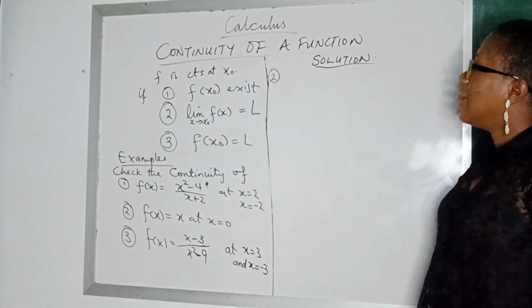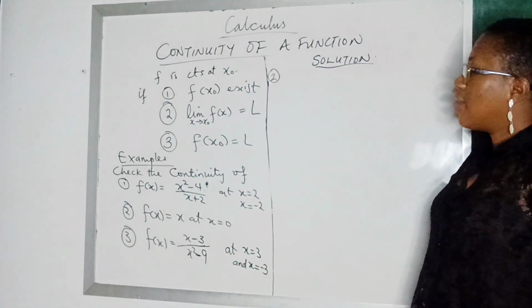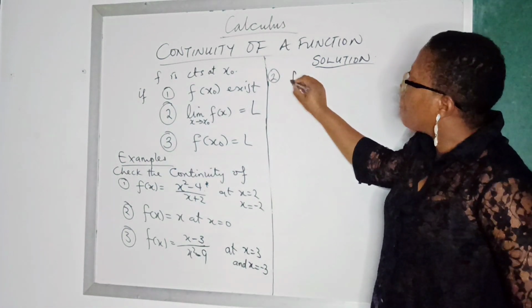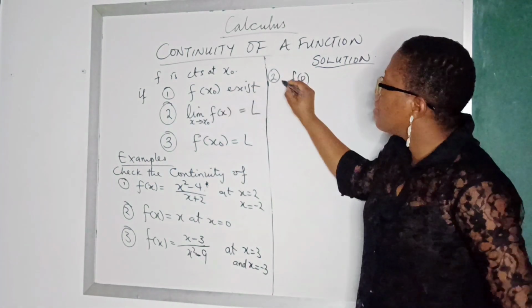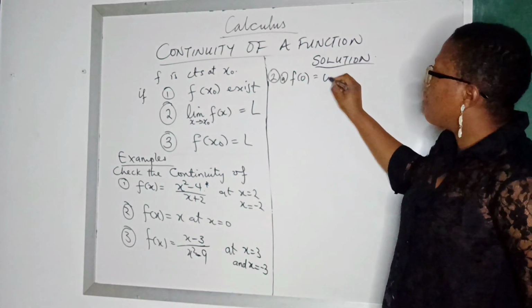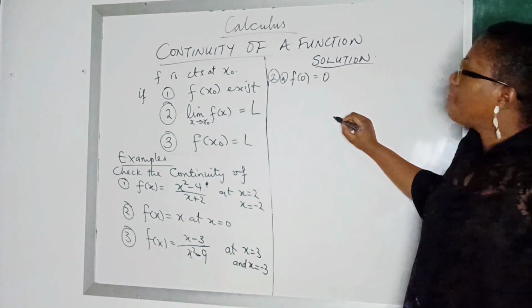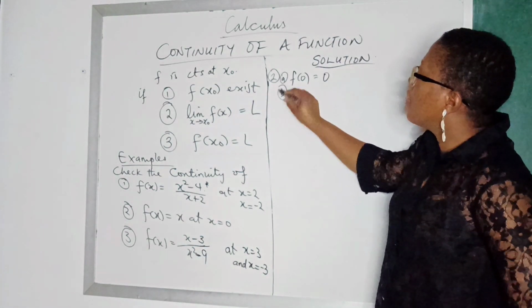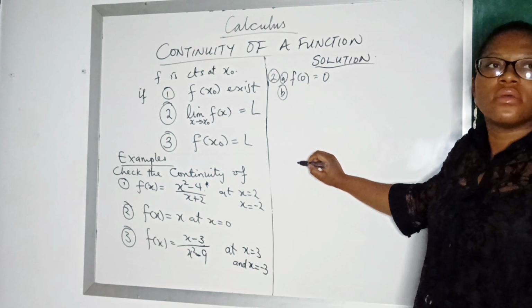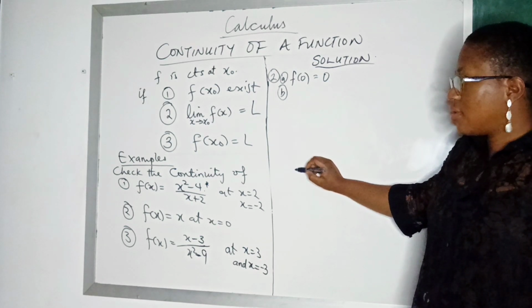Number 2, f of x is equal to x at x equals 0. So let's check the continuity at x equals 0. What does it mean? You have f of 0 for the first part, A. f of 0 is equal to 0, so it exists. Then the next one. I have a question. Are we substituting directly because we cannot simplify the function more than this?